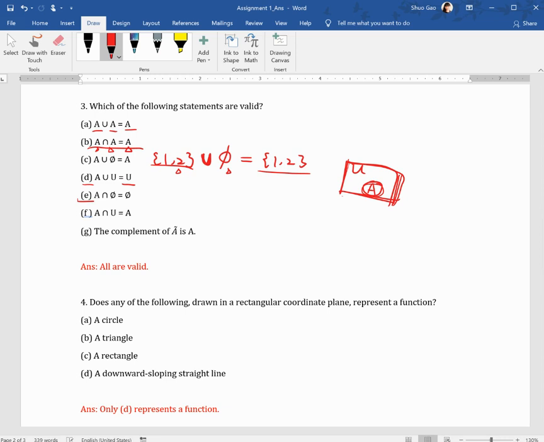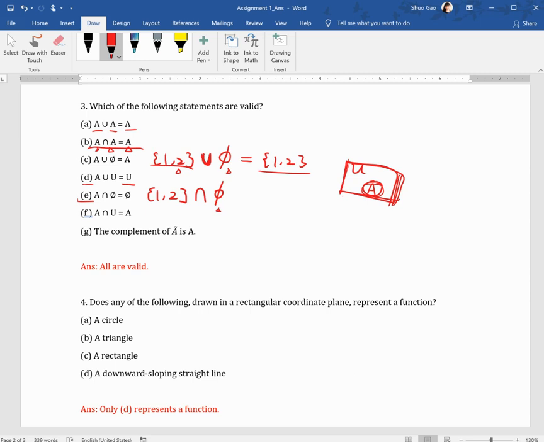And for E, any set that intersects with the empty set should be the empty set. Again, take this example, {1, 2} intersects the empty set. As I said, the intersection means we take the common elements that appear in both sets, and that is our intersection result.